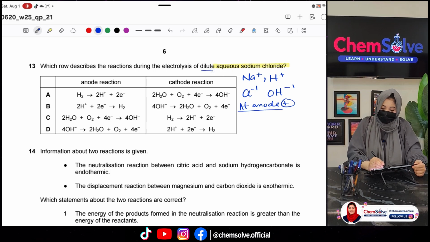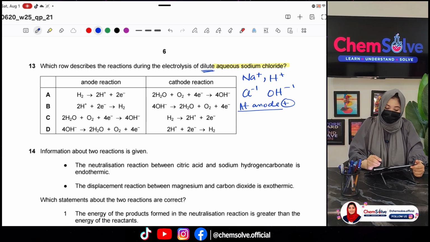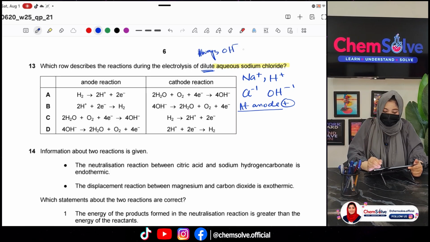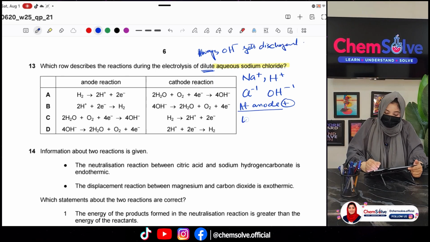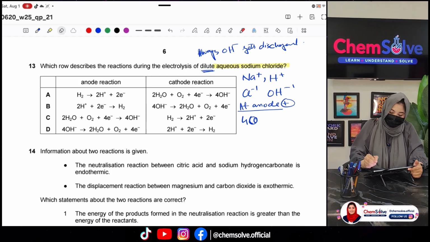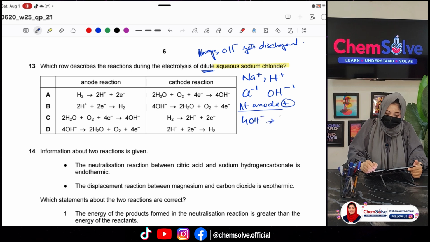Because it is dilute, for dilute always remember, the OH negative ion gets discharged. So clearly OH negative ion will move there and this equation will take place there.